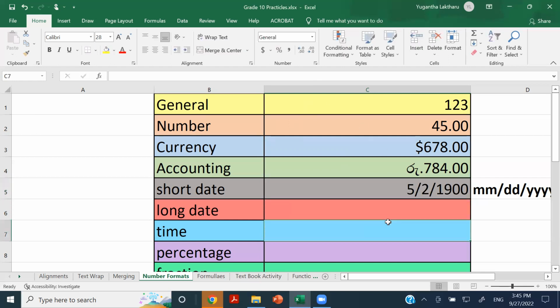We have written 123. The reason is the way that Excel knows about dates, in the order of month, date, and the year.